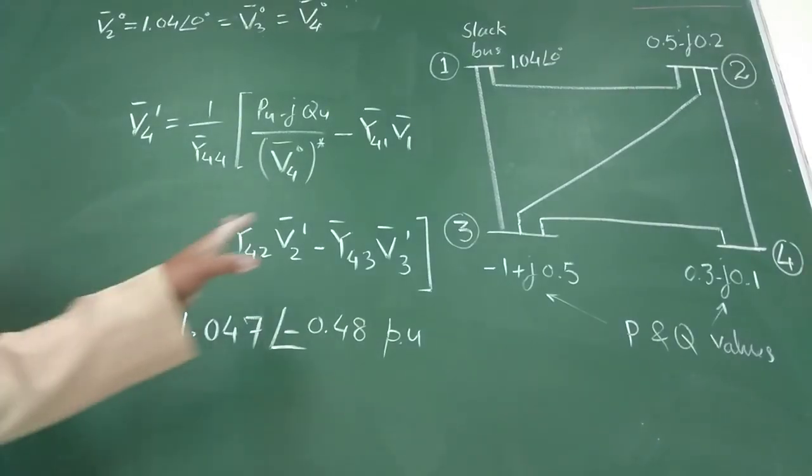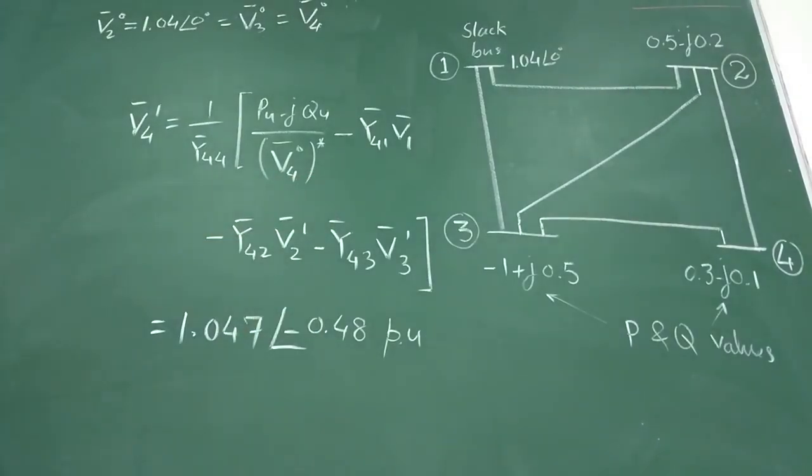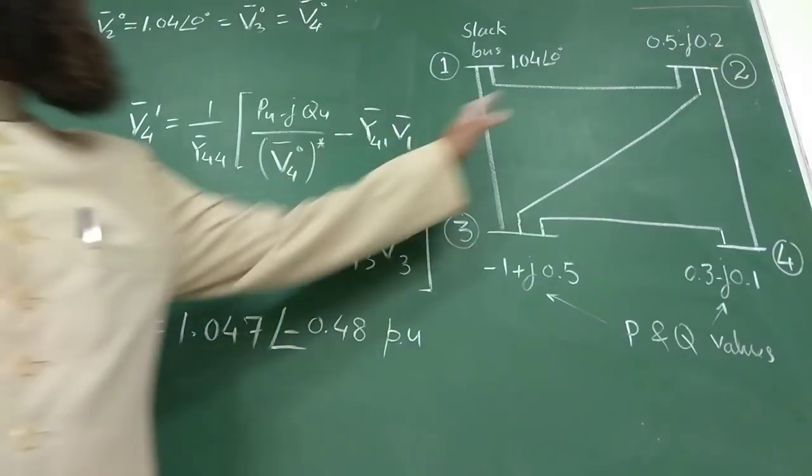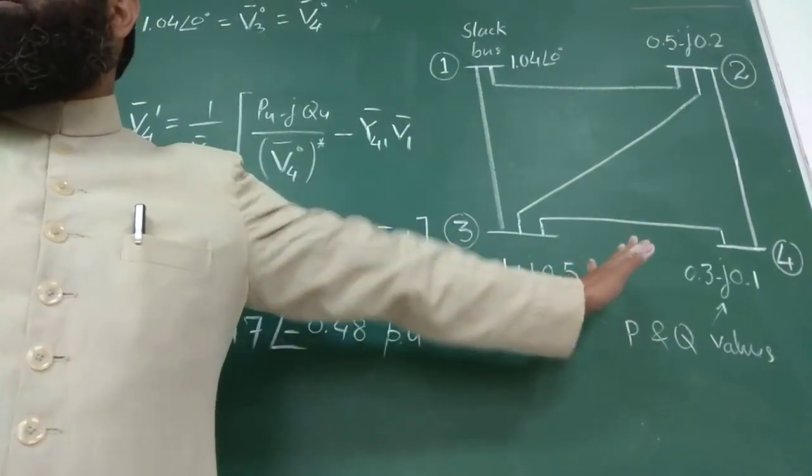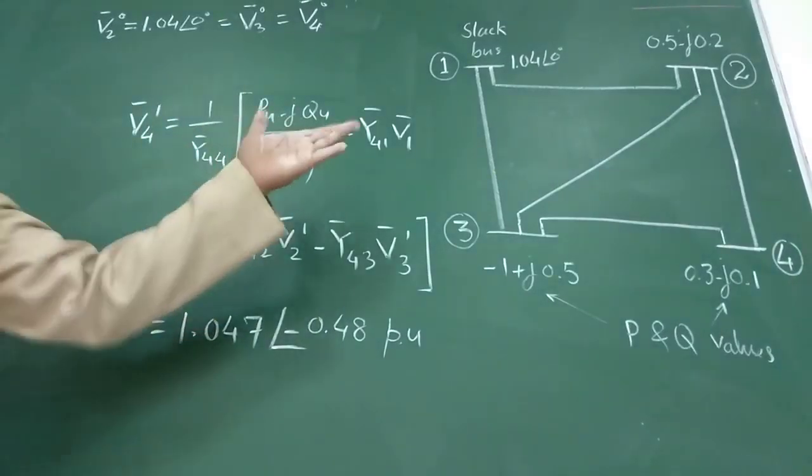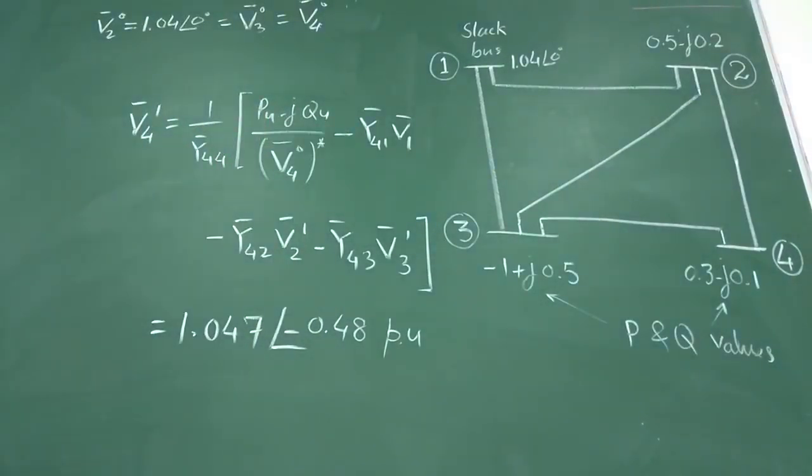Any question till now? See, in our problem, the 4-bus system data was given and it was assumed that all buses except slack bus are PQ buses. Now just modify the same problem. Let now the bus number 2 is now PV bus.